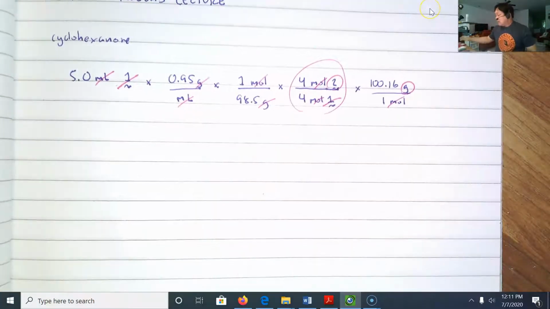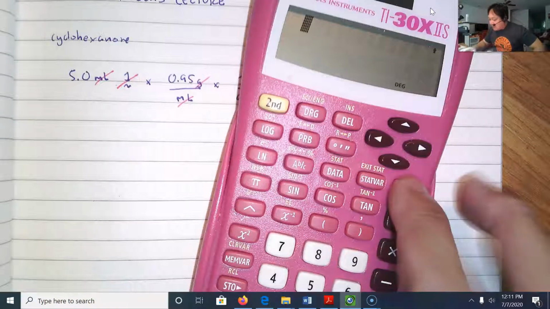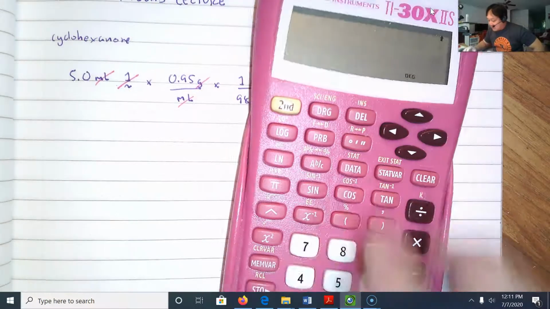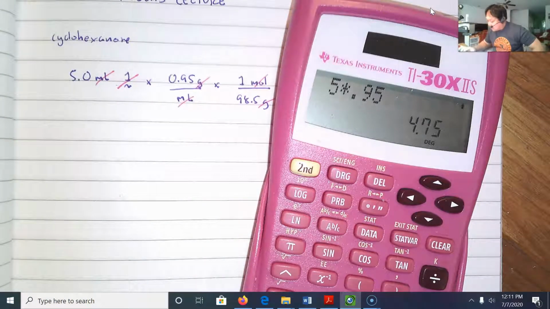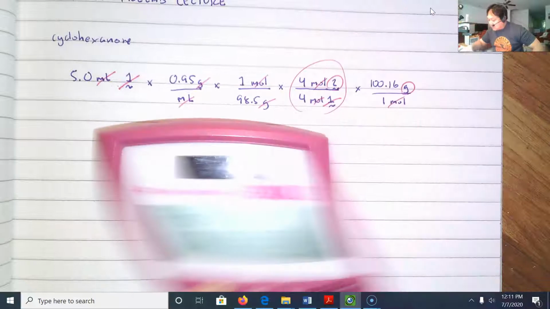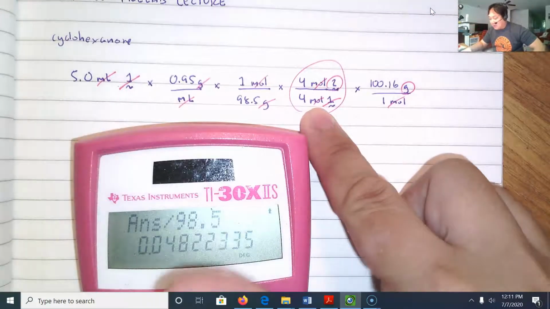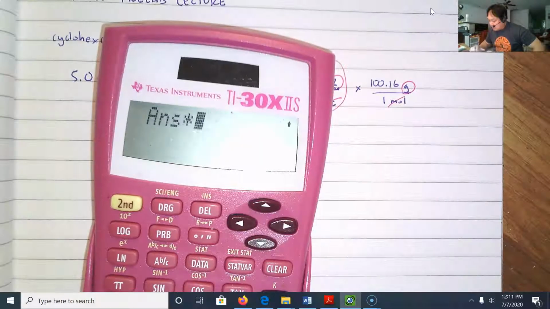Calculator. When I do the calculations, I press enter after each operation. 5 times 0.95 equals, divided by 98.5 equals, times 1, so I don't have to do anything with my calculator, times 100.16.